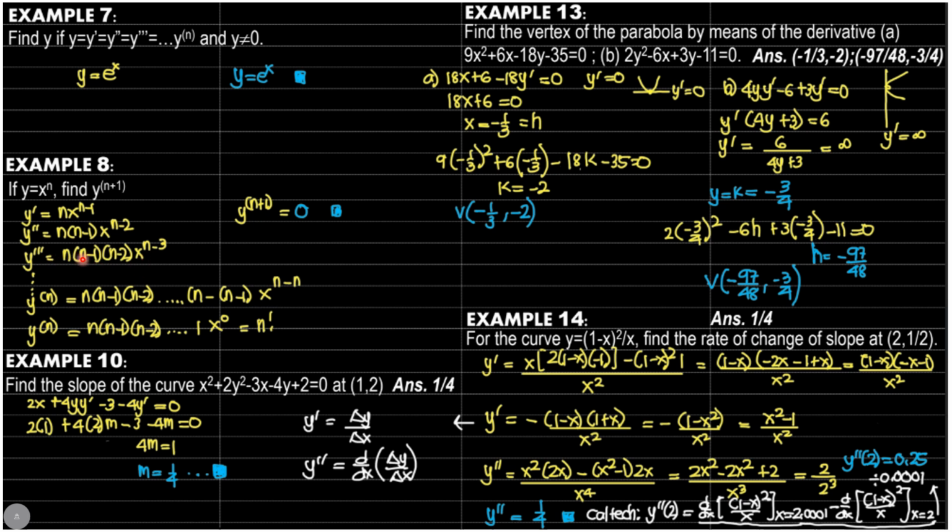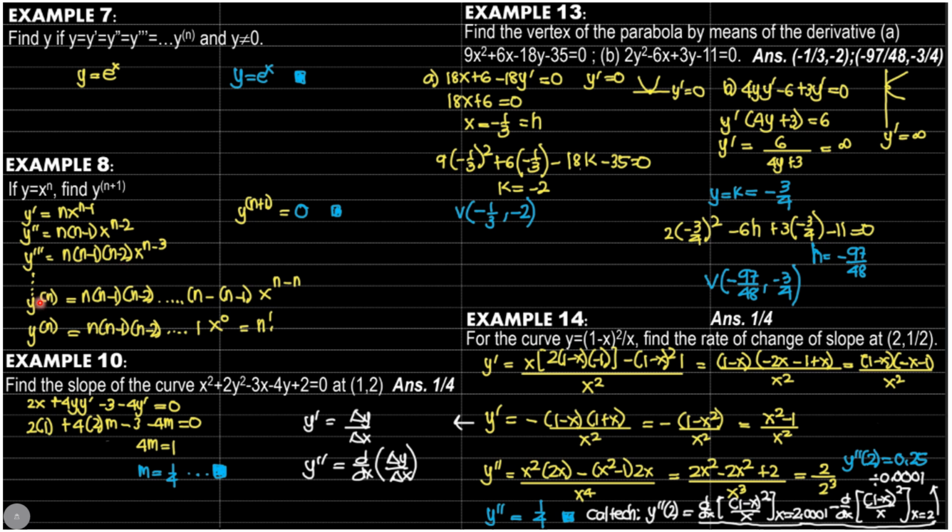So by following this pattern, we conclude that the nth derivative is n times n minus 1, n minus 2. So here, if it is the third derivative, for the constant or coefficient, it ends at n minus 2, which is in general n minus quantity 3 minus 1.